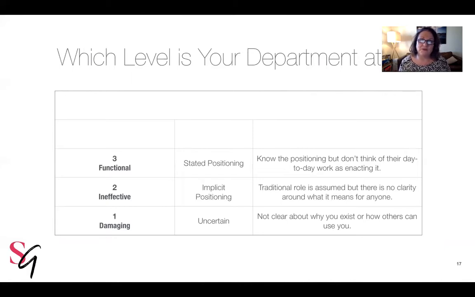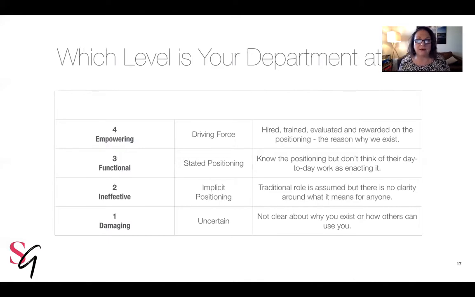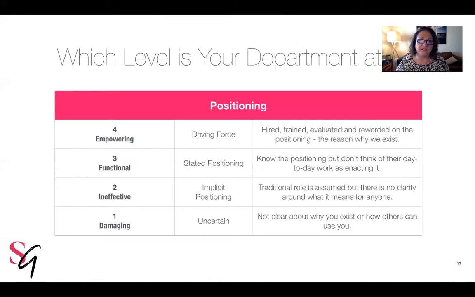You need to be able to move it forward, or bring the lens up and start to see what difference you can make. Because what you're really looking for is an empowering position, where your positioning is a driving force. So you are hiring people, training people, evaluating people, rewarding people on delivering against that position. It's the reason that you exist. It's everything that drives what you do.